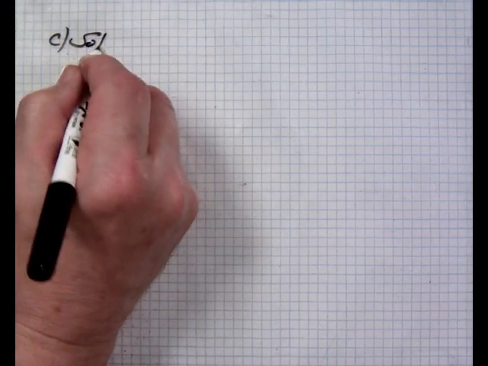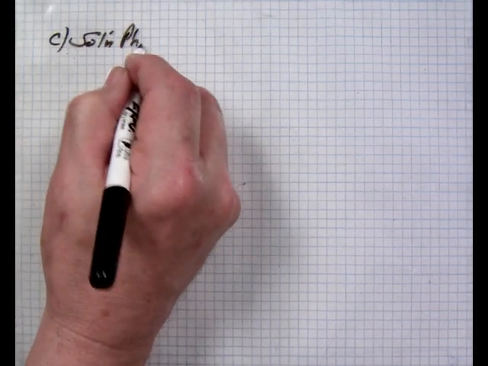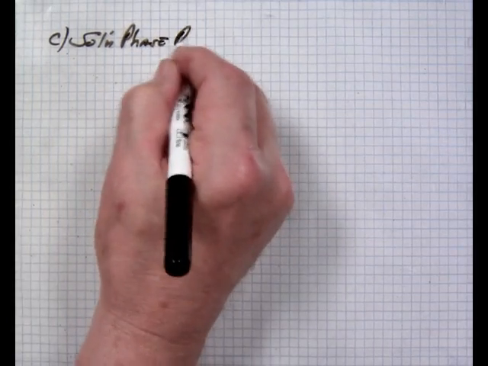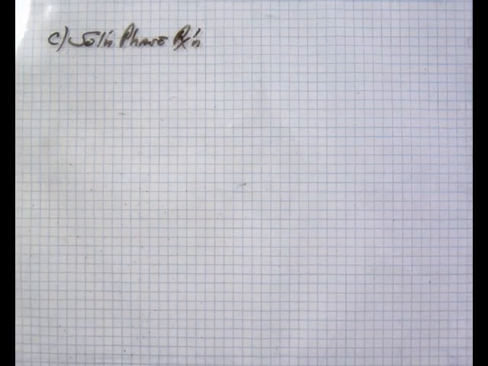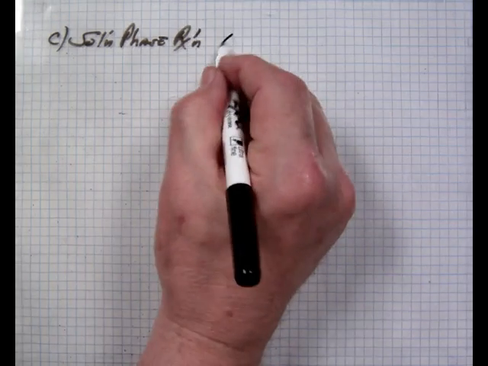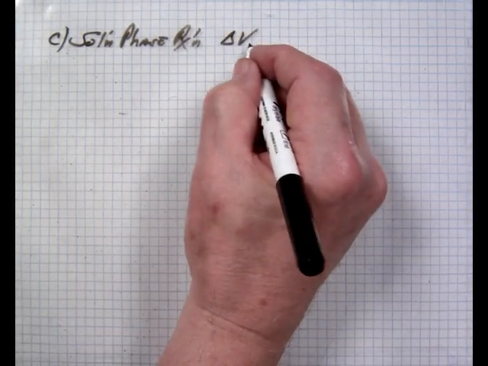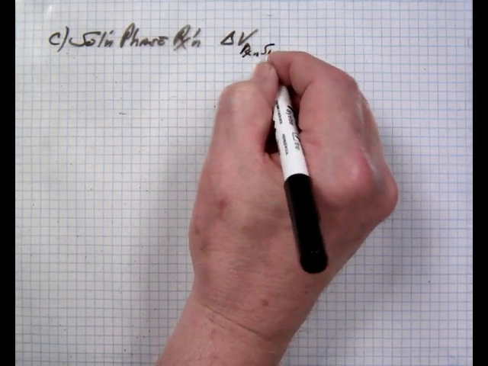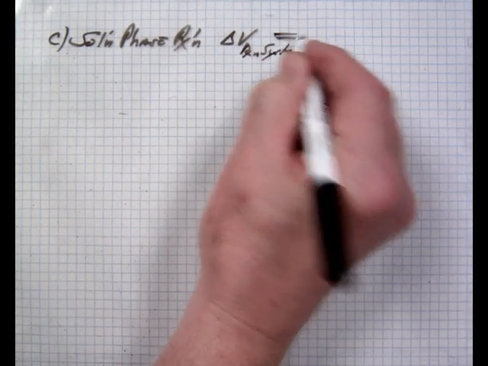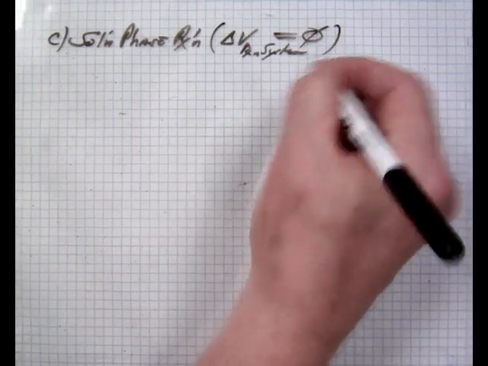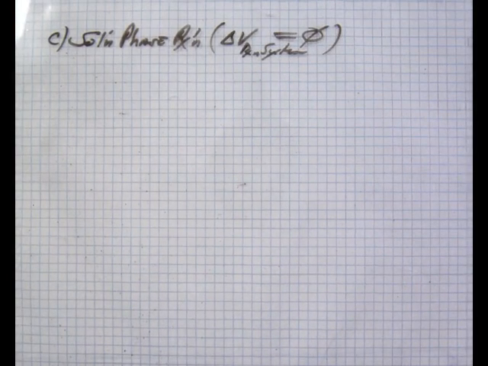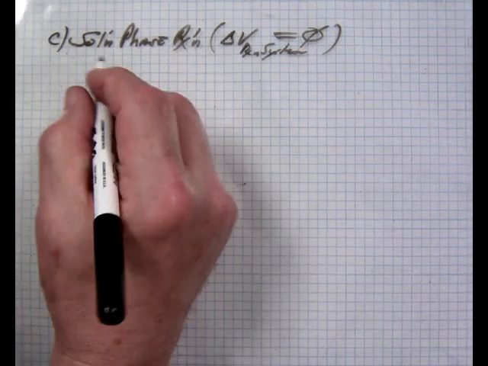So solution phase reactions, specifically the ones you'll have to deal with, are aqueous phase reactions, and the delta V of the reaction system is certainly equal to 0, so that qualifies it as a closed system.